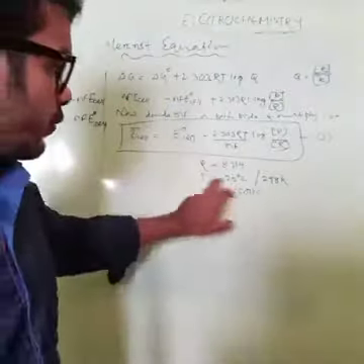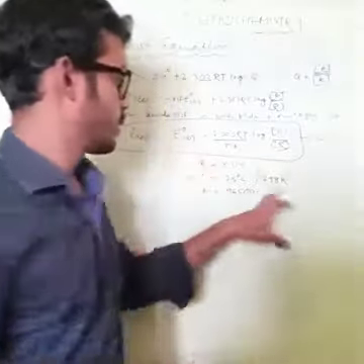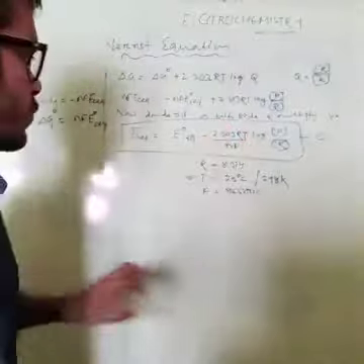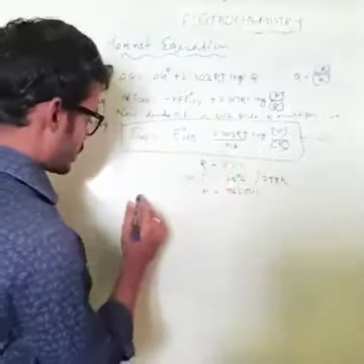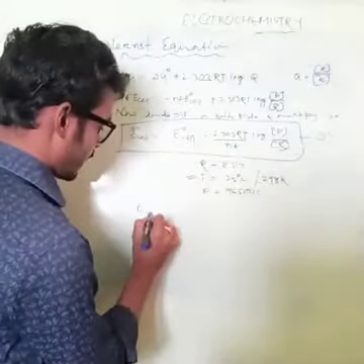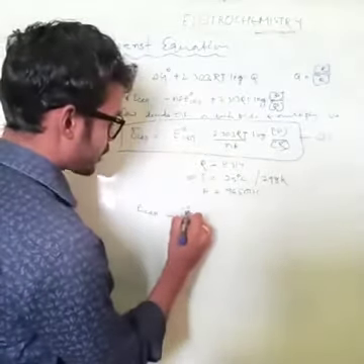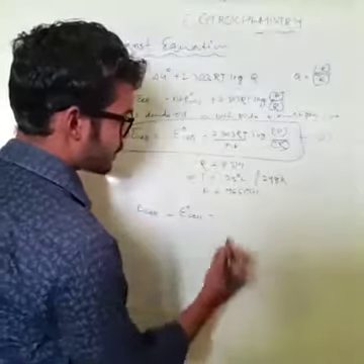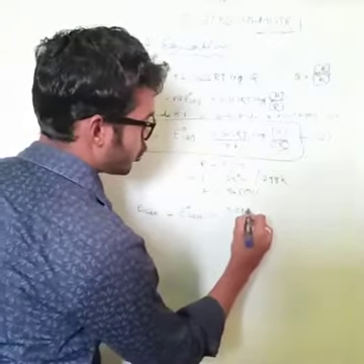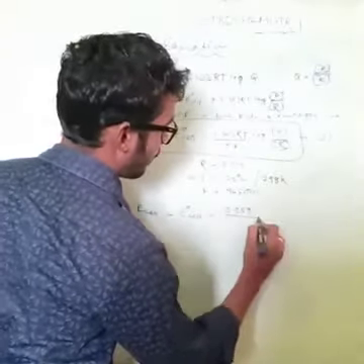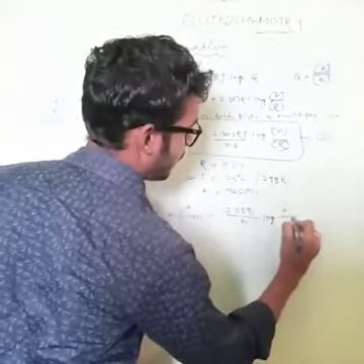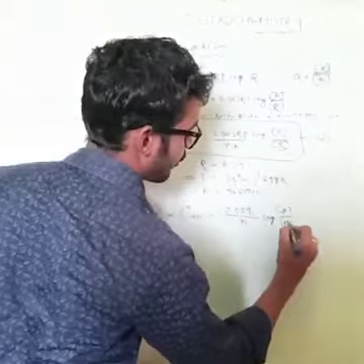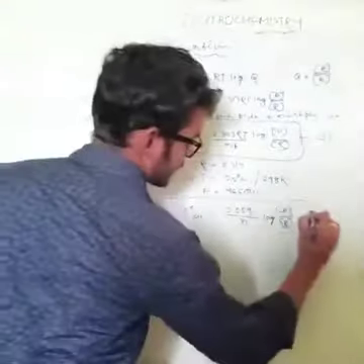If the temperature is 25 degrees, there is a simple formula: E cell equals E naught cell minus 0.0591 by n log product by reactant concentration.